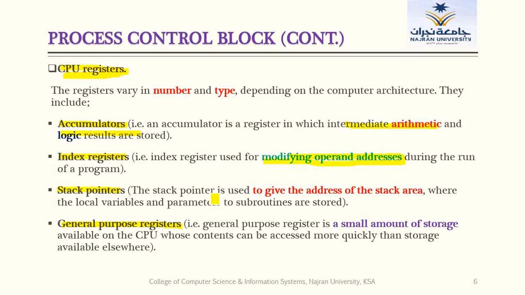Stack pointers are used to give the address of the stack area, because we know that in the stack area we have local variables and parameters to a subroutine or function. A general purpose register is a small amount of storage available on the CPU. These are the main CPU registers available in almost all different types of computer architectures.